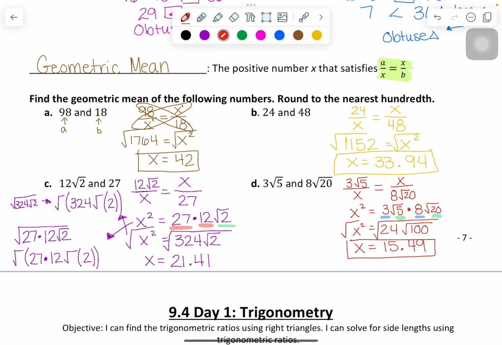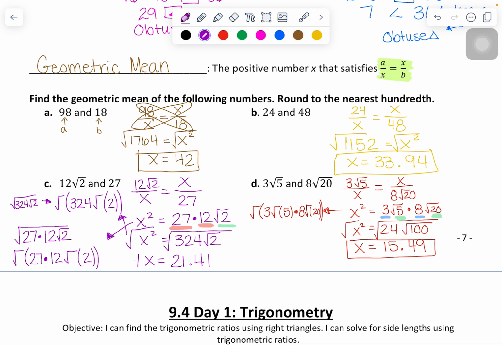If I did not actually multiply this out, and I go to take the square root, it's going to look like square root, parenthesis, 3, square root, parenthesis, 5, close 1 parenthesis, times 8, square root, open parenthesis, 20, close 2 parentheses. Either way, it should get you 15.49.